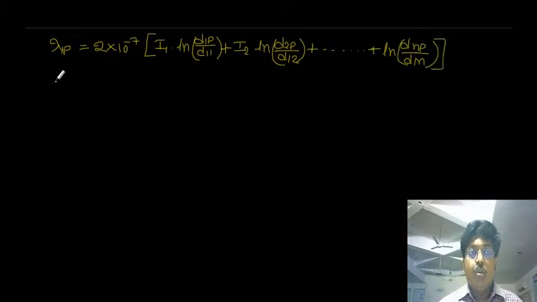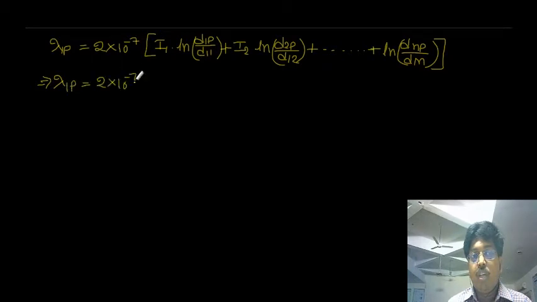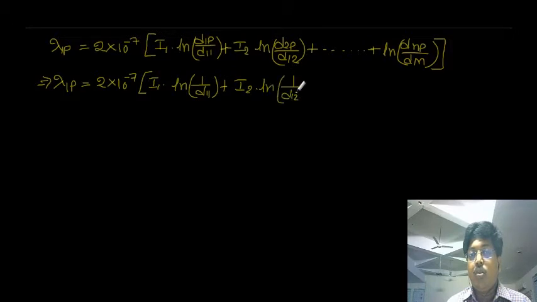In this equation, each logarithm term has a numerator and a denominator, so I am splitting these terms. First I write the denominator terms: 2 into 10 power minus 7 into I1 into logarithm of 1 by d11, plus I2 into logarithm of 1 by d12, and so on, plus In into logarithm of 1 by d1n.